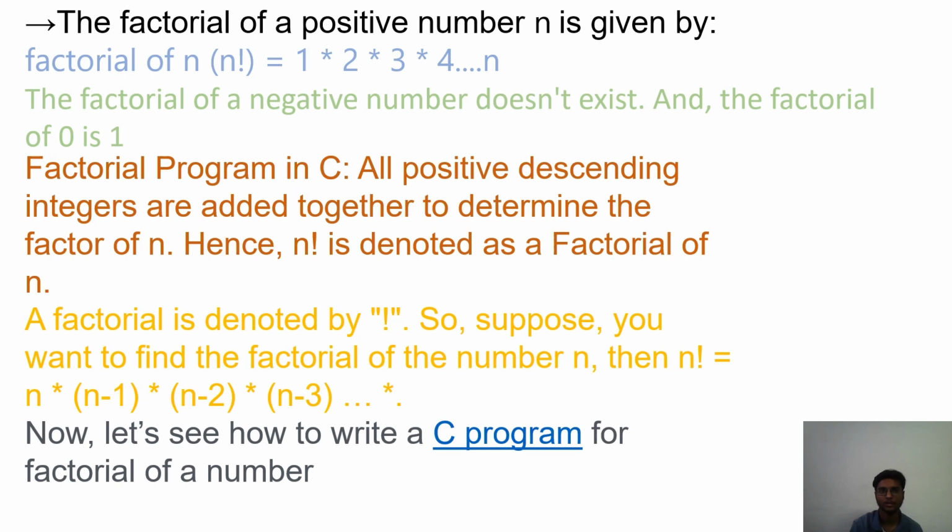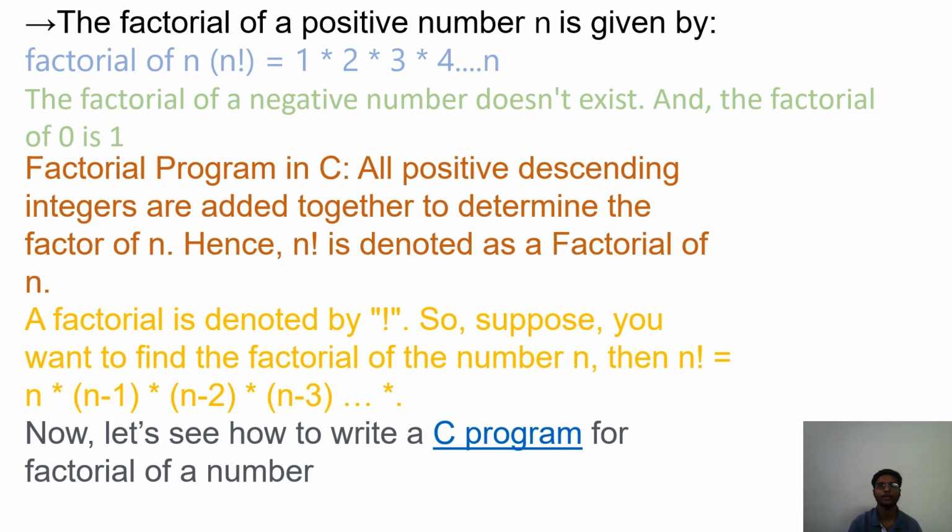Now let us discuss the program to find the factorial of a number n. The factorial of a positive number n is given by n factorial equal to 1 into 2 into 3 into 4 up to n.